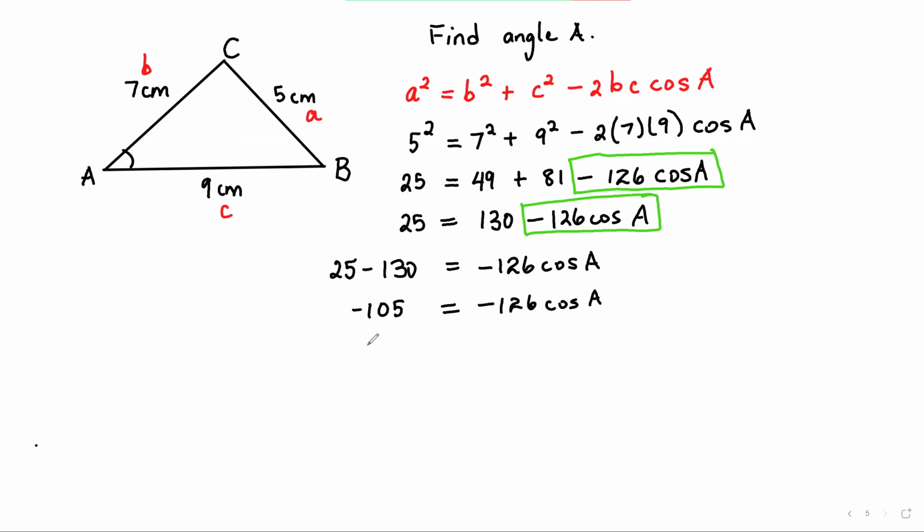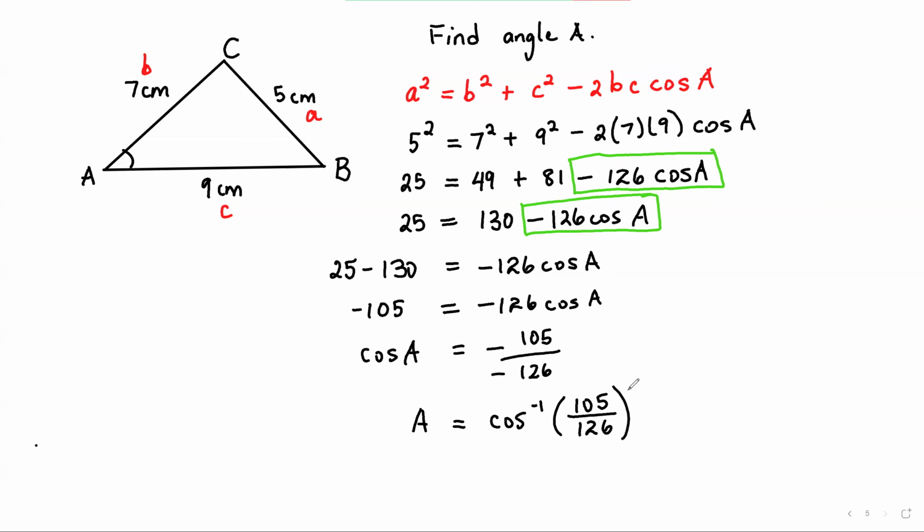Therefore, cos of A is equal to minus 105 over minus 126, which will become positive, right? So A would be equal to cos inverse of 105 over 126. So on your calculator, second function, cos 105 divided by 126.